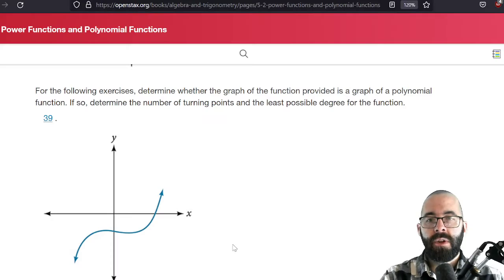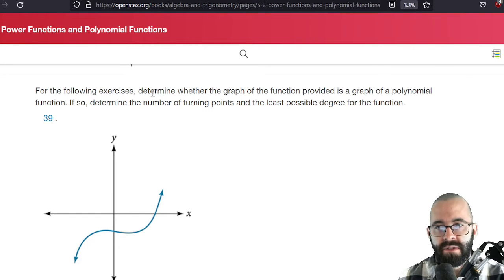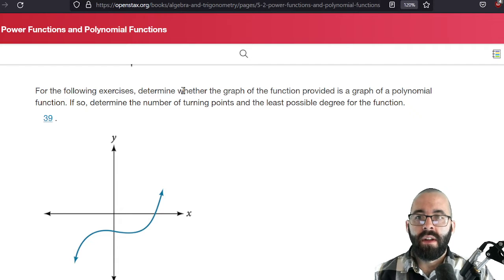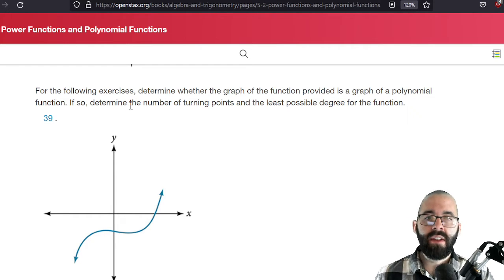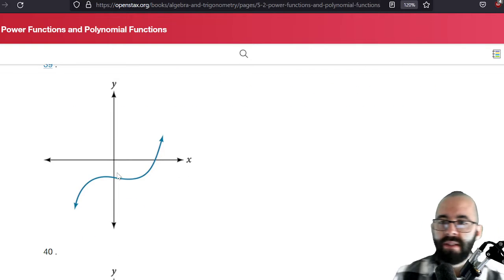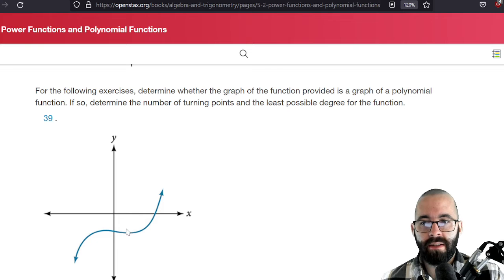Okay, so we're going to look at number 39. For the following exercises, determine whether the graph of the function is a graph of a polynomial function. These are homework questions. If so, determine the number of turning points and the least possible degree. So is this a polynomial? Looks like a polynomial, right? It has the right end behavior.